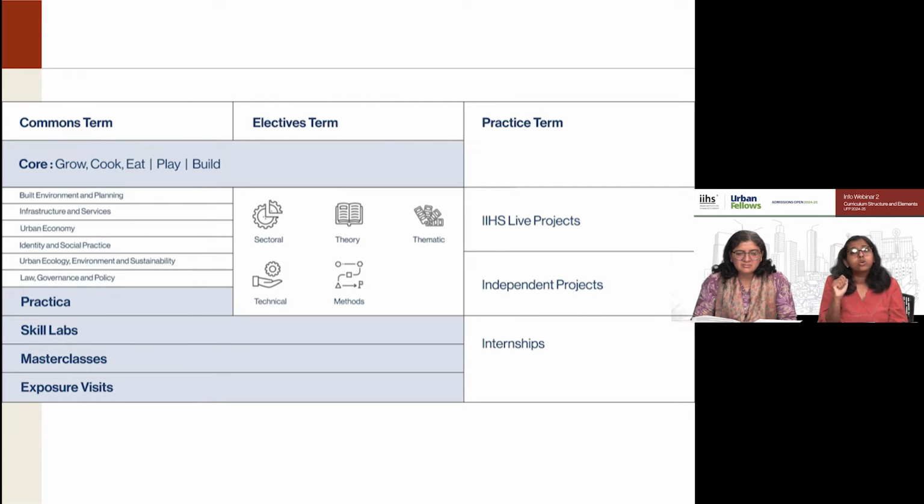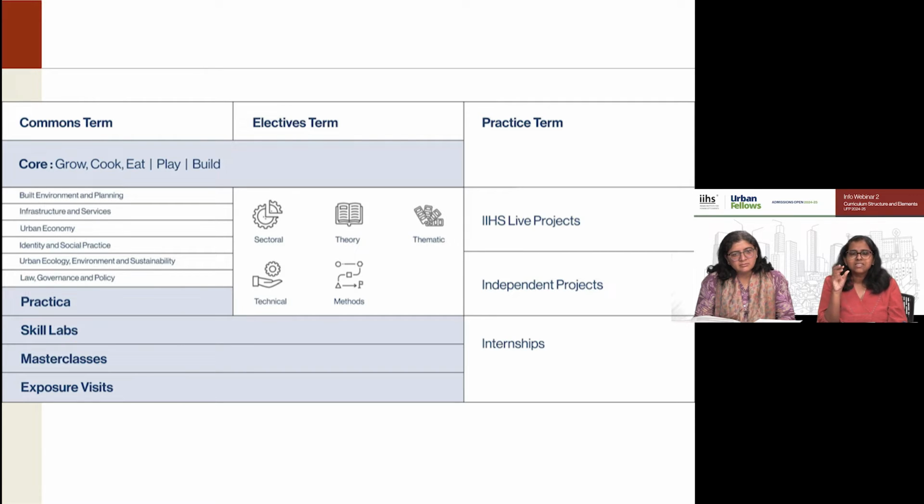Along with this, it also gives the fellows an opportunity to interact with various civil society actors, practitioners, academicians, or they go to various government departments and interact with them to get an understanding of some of these concerns or ideas they develop during the commons term. The fellows usually do Practica in small groups. So that's how Practica works.